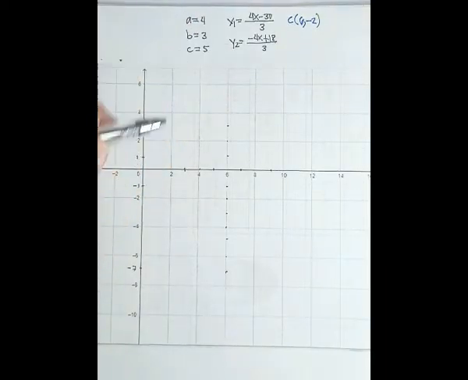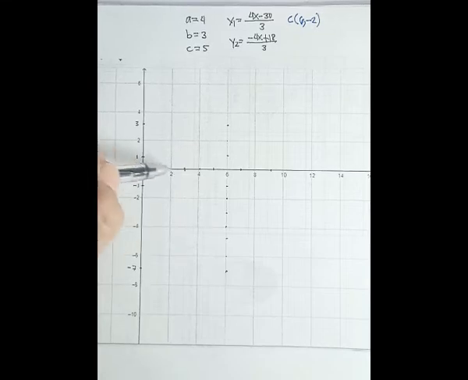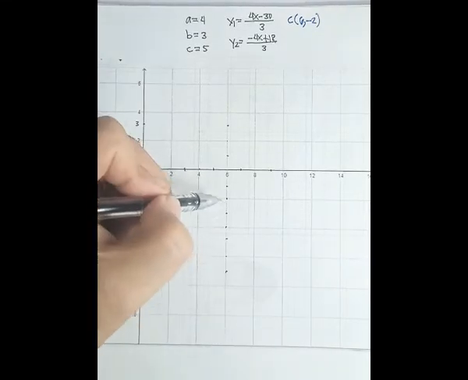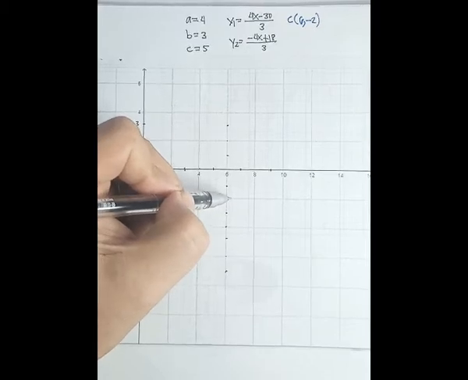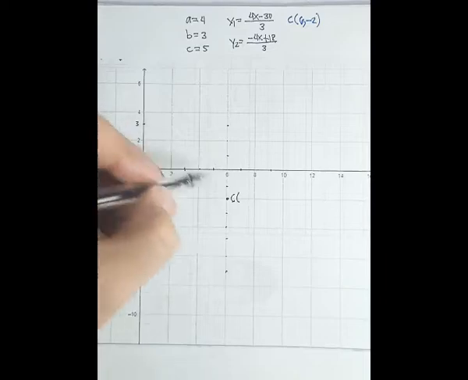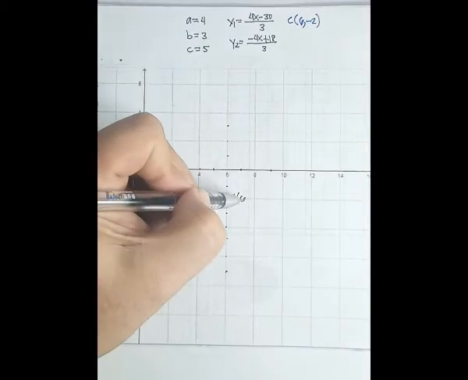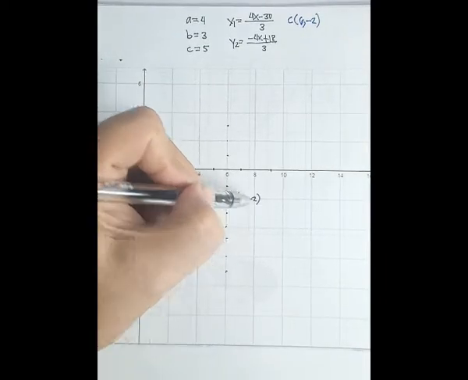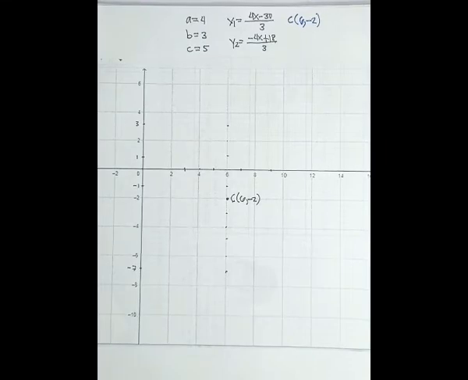So asa man ning 6, negative 2 ang center sa atong hyperbola? So sa atong origin, count ta og 6, down og 2. So C is at 6, negative 2.